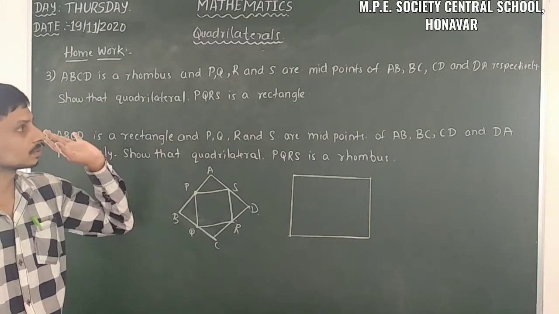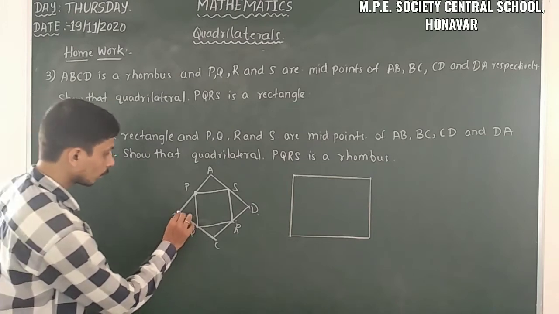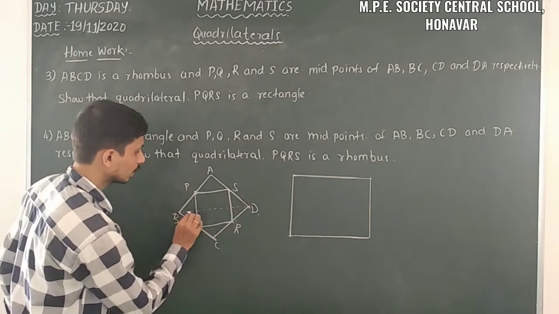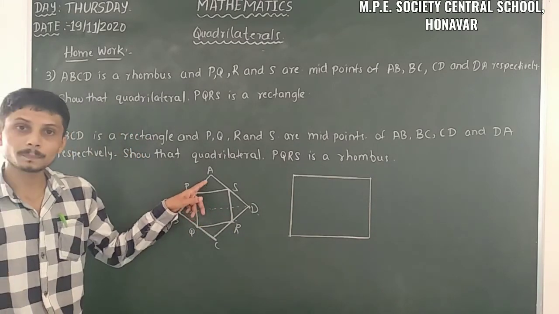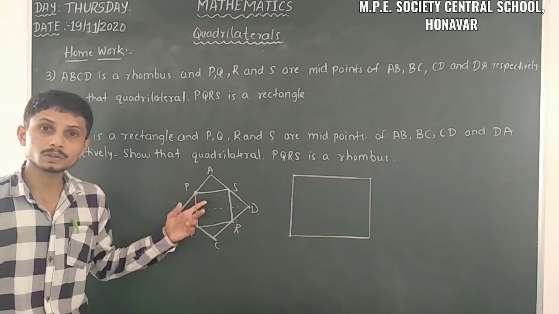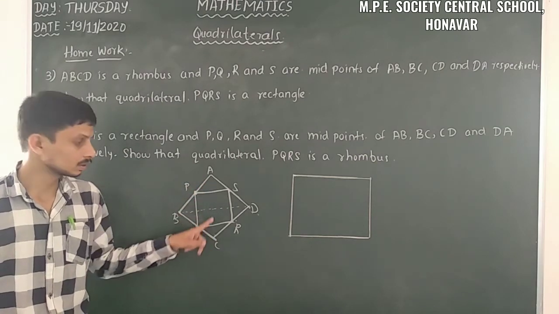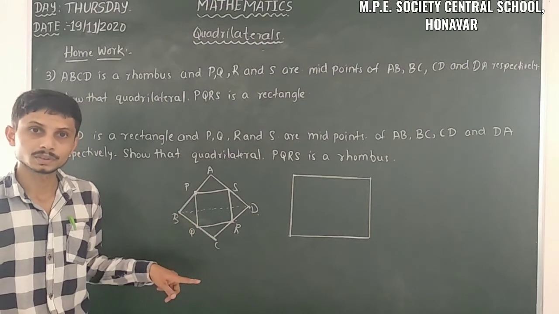Then we can take one diagonal like this. When we take the diagonal, the complete rhombus is converted into two triangles.